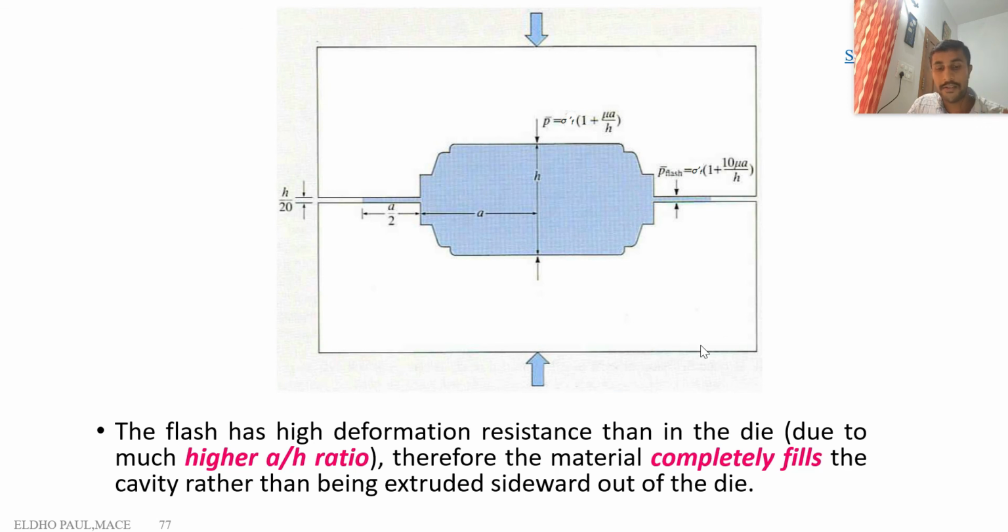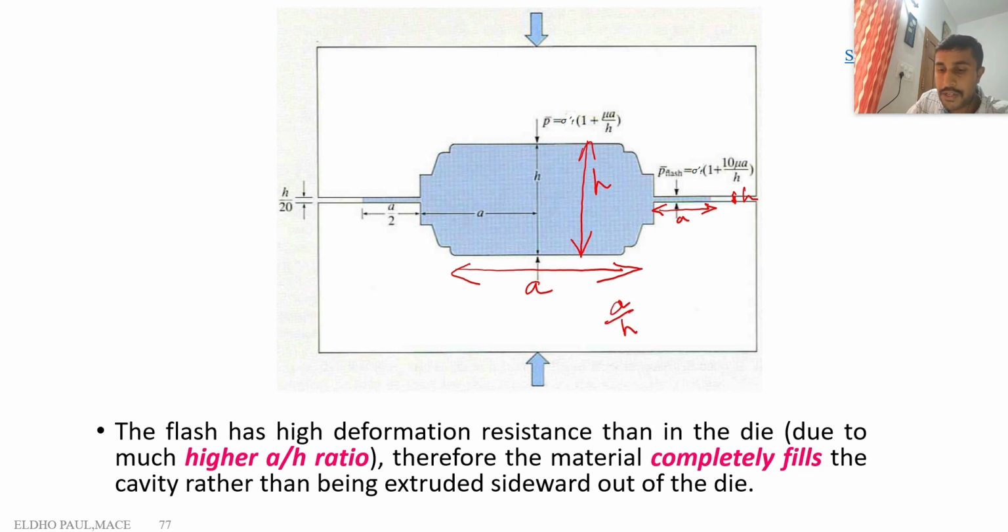Then the question: what is the importance of the flash area in closed die forging? Here we can see the aspect ratio. In the bulk material, this is A, this is A, this is S. But in the flash, this is A, this is H, this is S. See the aspect ratio.